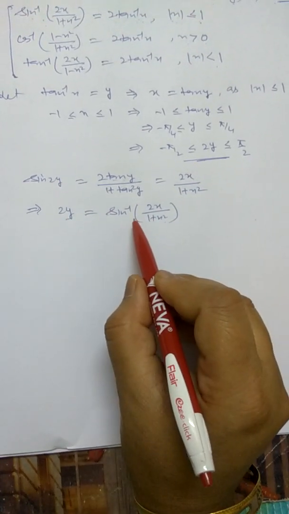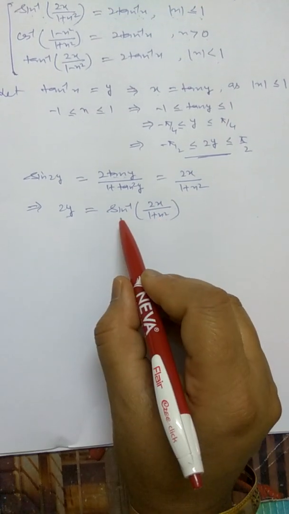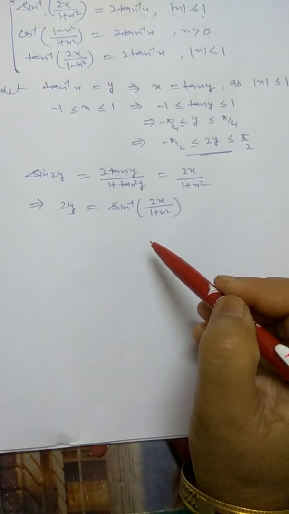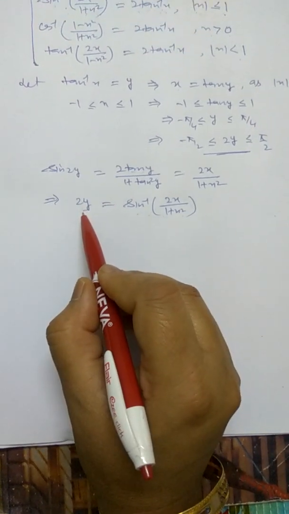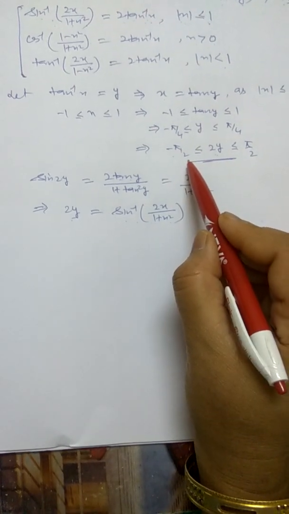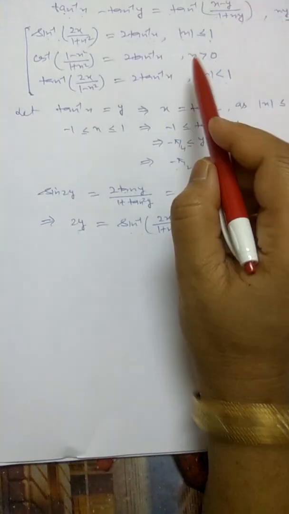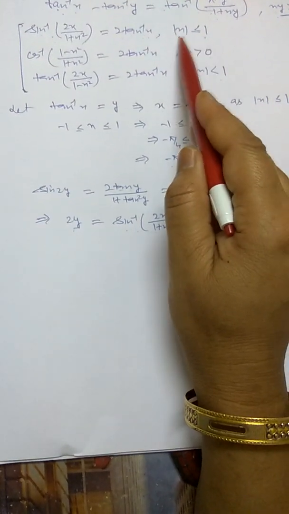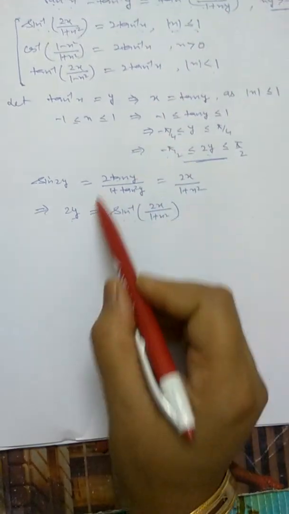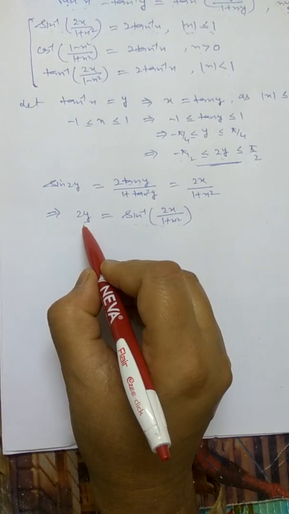Now we have sine inverse of 2x upon (1 plus x square) equal to 2y. That means the principal value of sine inverse x is minus pi by 2 to pi by 2, and this value is equal to 2y, and therefore we have 2y greater than or equal to minus pi by 2 and less than or equal to pi by 2. It means if this condition mod of x is less than or equal to 1 holds, then we can apply this property. And what is y?